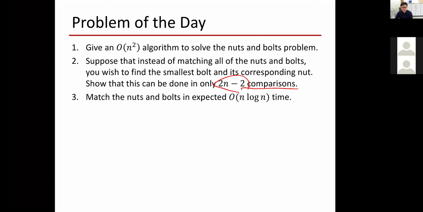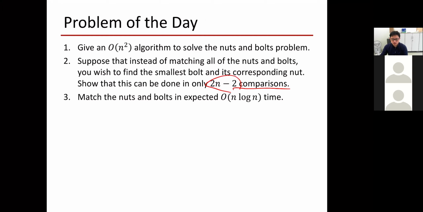Ready? Taejun? Taejun not here? Maybe PK? Anyone else? Anybody?